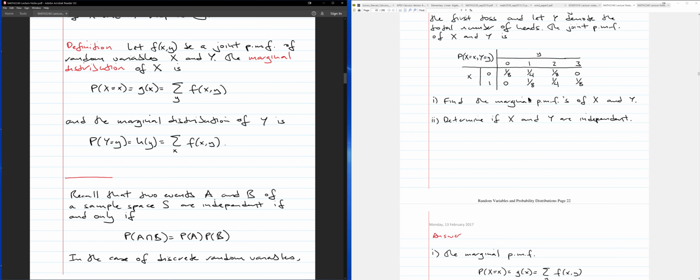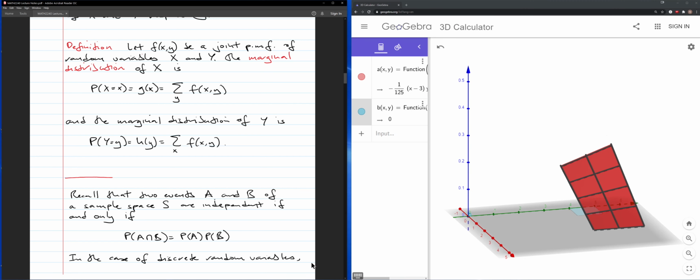In other words, you're summing along the column. So to get your marginal for x, you sum your joint probability mass function over possible values of y, and to get the marginal distribution of y, you sum your probability mass function over possible values of x.